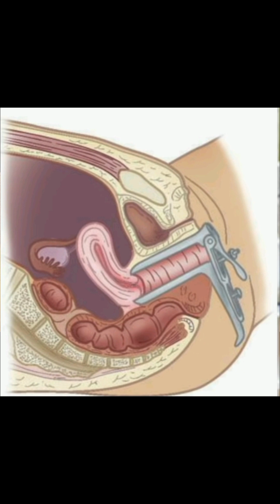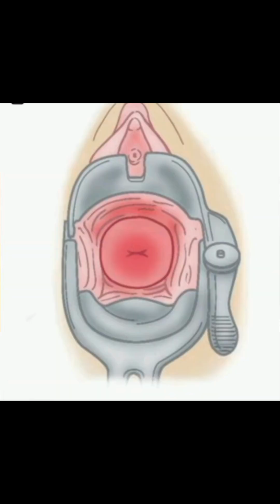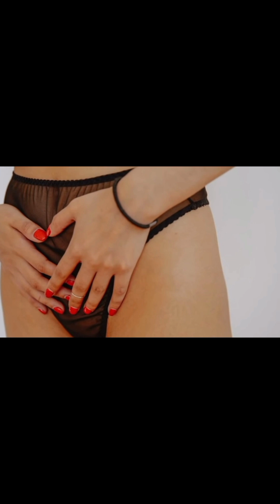Finally, an ultrasound may be necessary because there are so many causes of painful sex, and the treatment really depends on the cause. If the cause is vaginal dryness because of low estrogen, estrogen can be replaced by using a gel that has estrogen and goes inside the vagina. This will help with lubrication.